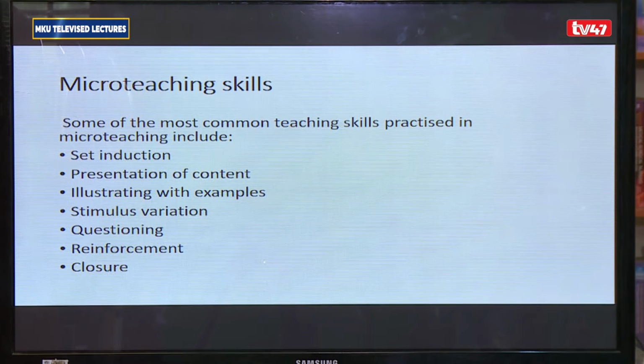Number 4 is a stimulus variation. Questioning is the next skill. Reinforcement and closure. We are going to consider these 7. There are many more skills, but first of all, we concentrate on these 7, like you see them on the screen.